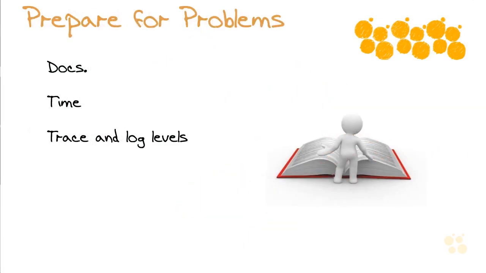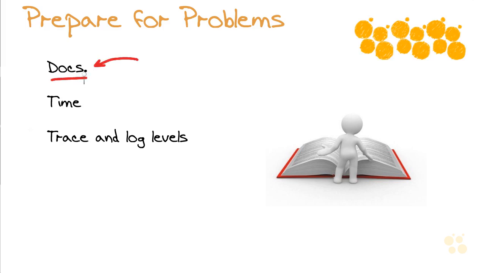Now, it's sad, but when we are designing our data center, when we are implementing network technologies, we do want to prepare for the inevitable problems that we are going to be troubleshooting. Some things that are really important for you to consider in preparing for these problems is, of course, documentation.